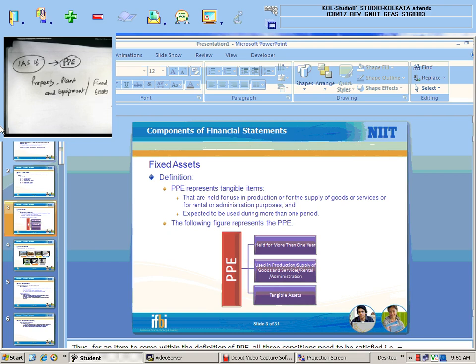So these are the three important things relating to PPE. For an item to come within the definition of PPE, all three conditions need to be satisfied. If two conditions are satisfied and the third is not, then it is not PPE. So the number 1 condition is held for more than 1 year. If it is held for less than 1 year, it is called a current asset.